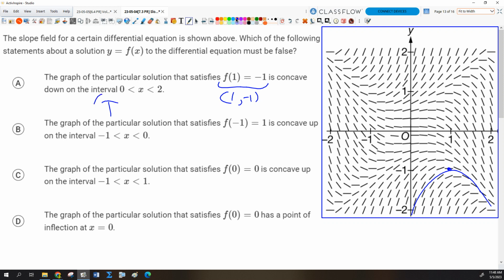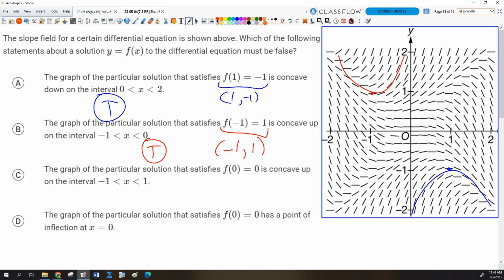That's true. Okay, the graph of the particular solution that satisfies f of -1 equals 1. Okay, so what's that one going to be? That's the point -1, 1. So -1, 1 right there, well, that's going to be concave up. So that's true. Okay, make sense?